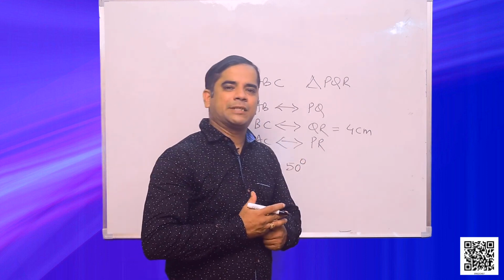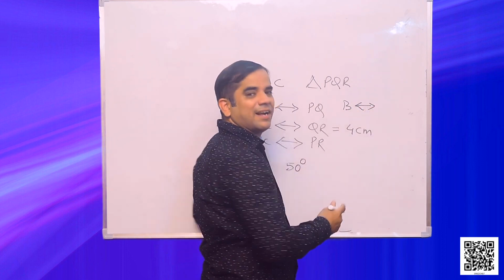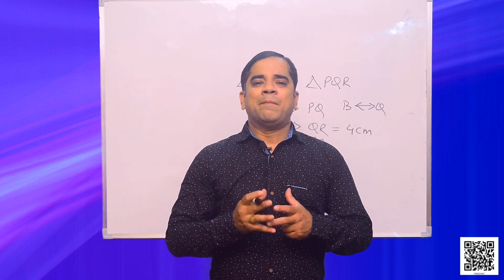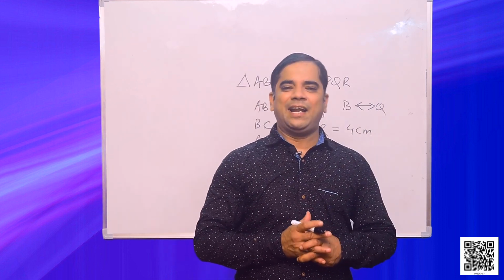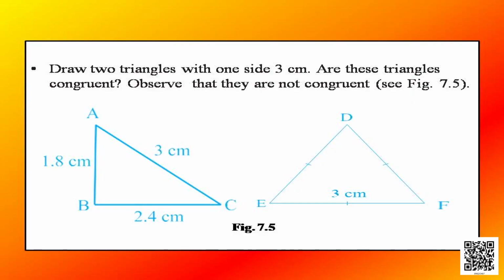That means vertex B also corresponds to vertex Q. But we can clearly see that PQ is greater than AB and PR is greater than AC. So they are not corresponding to each other.